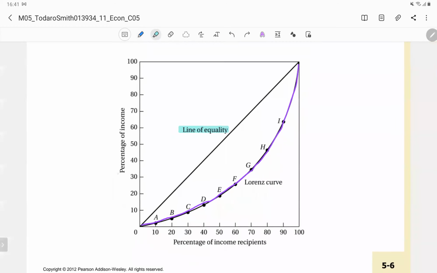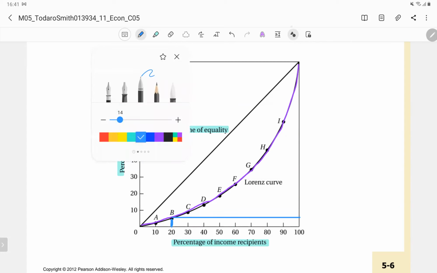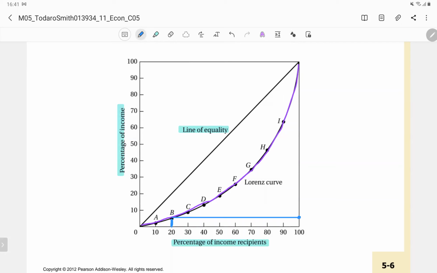The y-axis here is the percentage of income, and the x-axis here is the percentage of income recipients. So for example, this is the poorest 20% of the society, and they receive less than 10%, maybe only 7%.